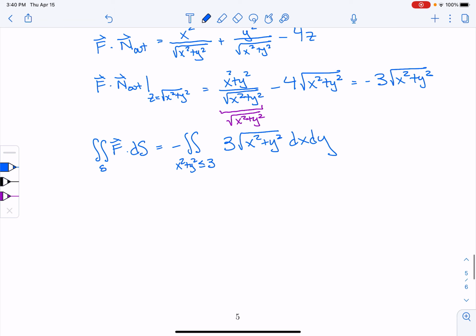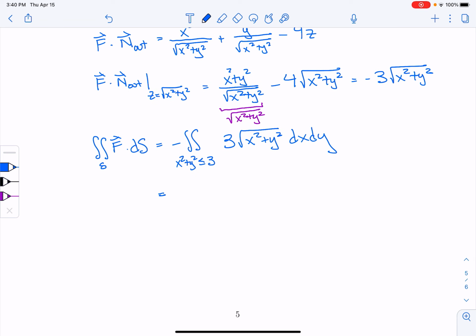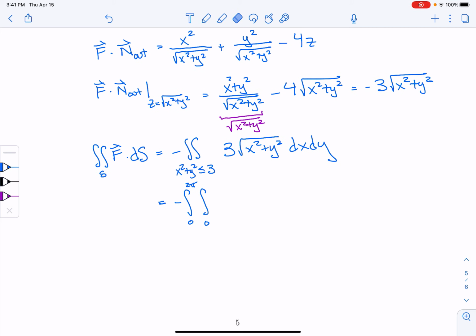So I'm going to do minus the integral from 0 to 2 pi, and then the integral from 0 to the radius. And the radius in this case, okay, this is the issue here. This is x squared plus y squared less than or equal to 9, so the radius is between 0 and 3.